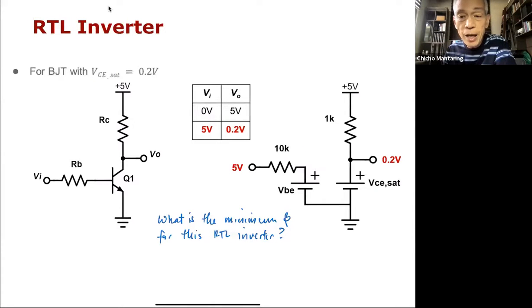Can you do that? Can you take 2 or 3 minutes to tell me what the answer should be? What is the minimum beta for this transistor? No? What is the minimum beta so that these are my characteristics? Then once you've done it, please chat me your answer. Okay, this is also a good review for your exam, no?